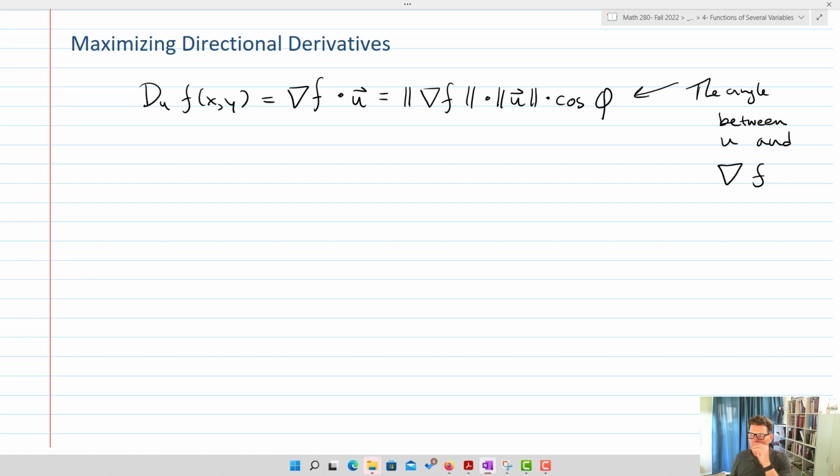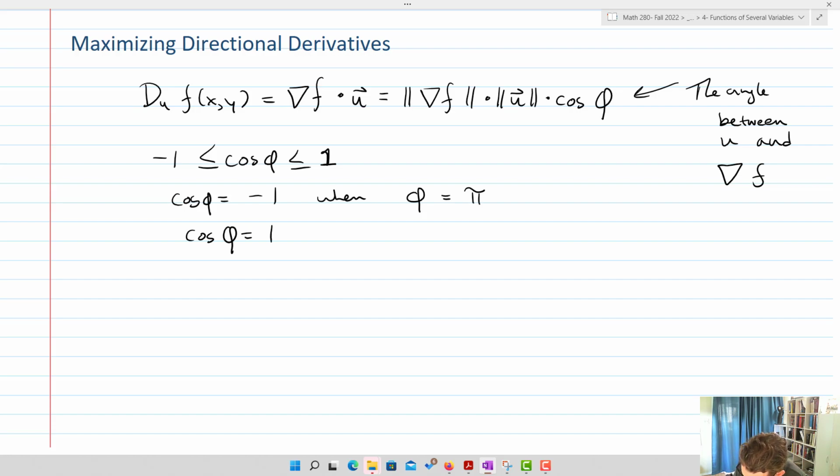And so what we want to think to ourselves is, when is that going to be at its biggest? So remember that cosine phi, whatever phi is, has got to be greater than or equal to -1 and less than or equal to 1. Cosine phi will equal -1 when phi equals pi, and cosine phi will equal 1 when phi equals 0.